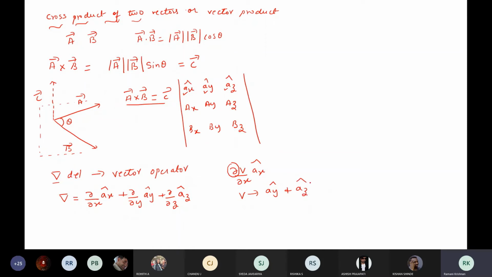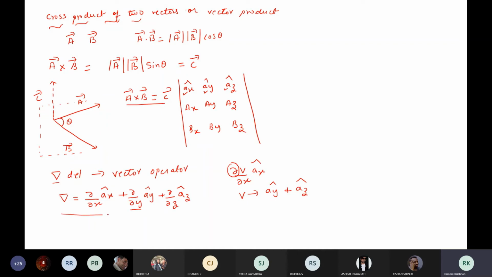So instead of d by dx, I wrote dou by dou x because it is partial differentiation. Similarly, I differentiate any quantity with respect to y, assuming that quantity remains constant in the x direction and z direction. Okay, students.